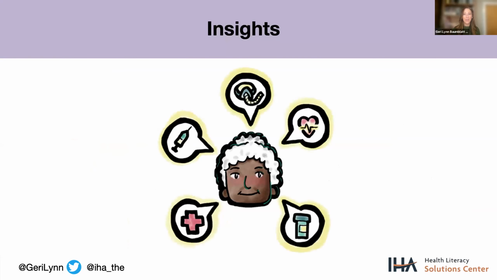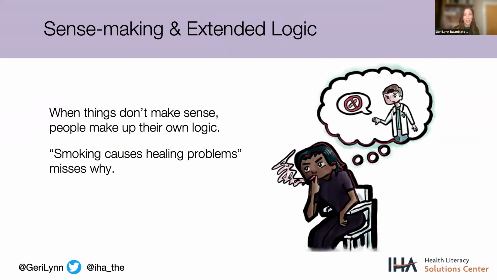And just to give you an example of some of the types of insights we've seen when I've done this, is that you really know when you're giving people what they need in terms of sense making. So for example, with something like spine surgery, we tell people, oh, it's really important not to smoke in the weeks before surgery because smoking can cause problems with healing. And you think, ta-da, I've given them enough information.